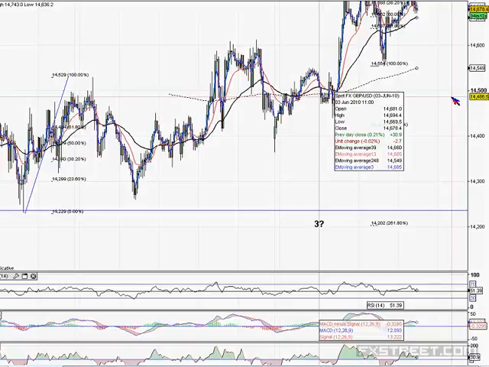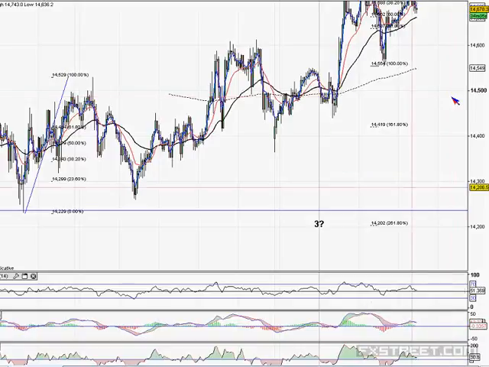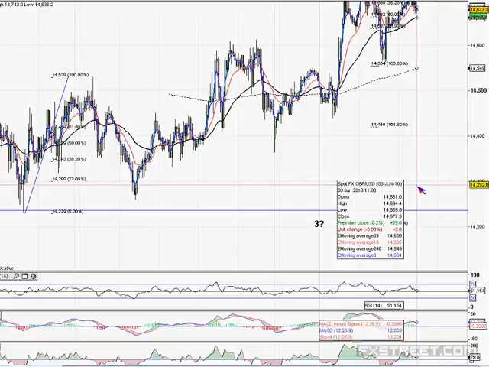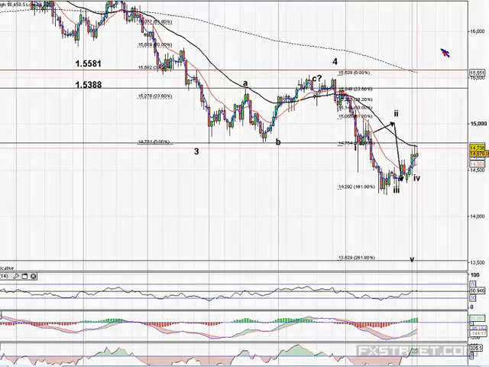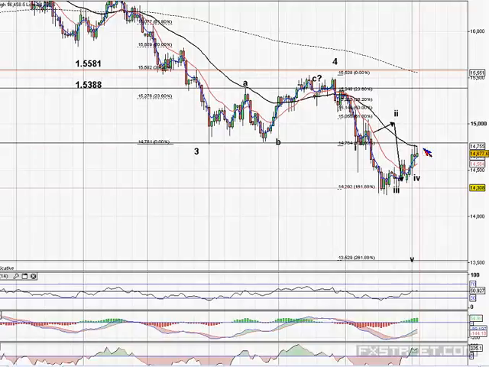That should be in for this potentially is wave 1 of 5 of 5, and wave 5's very hard to trade and very hard to predict. And obviously the shorter, we're in 2 of them, if you see what I'm saying. We're not only in wave 5 on the daily, we're in wave 5 here, and then we're in wave 1 of this move up.